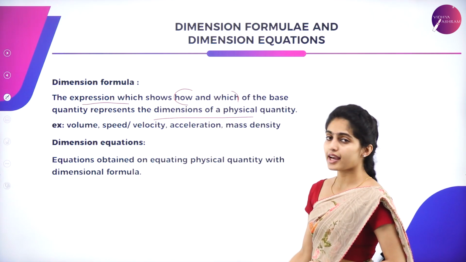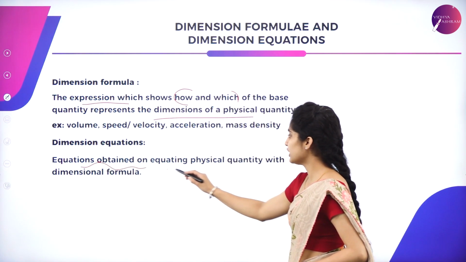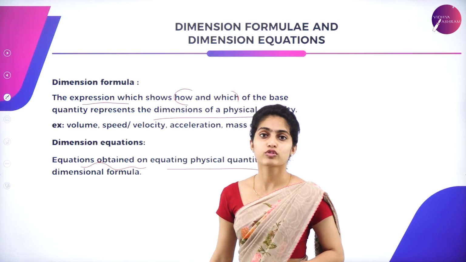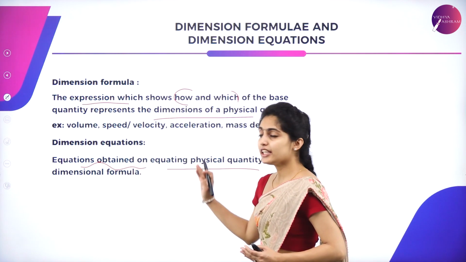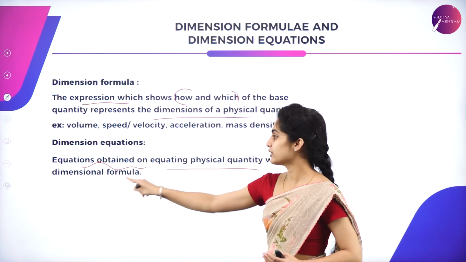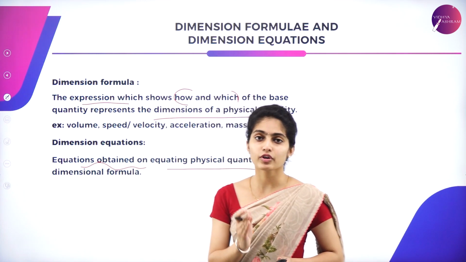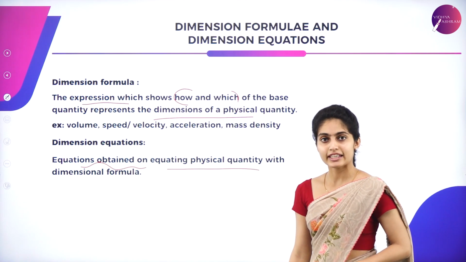So what is this dimension equation? It is the equation obtained on equating the physical quantity with the dimensional formula. So I hope you are clear with this dimension formula as well as dimension equation.